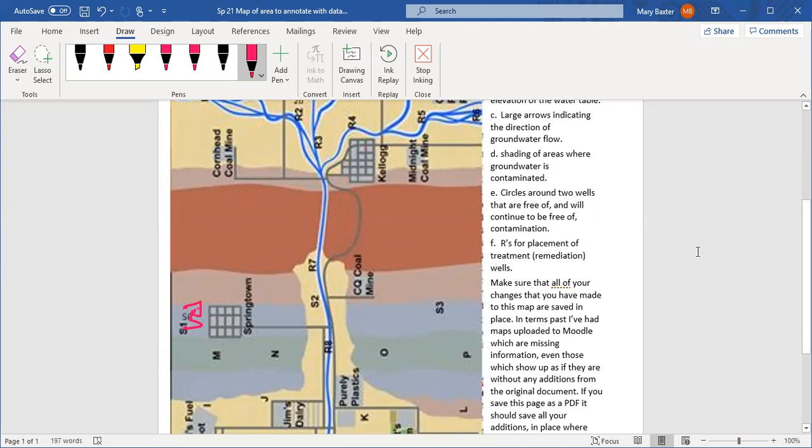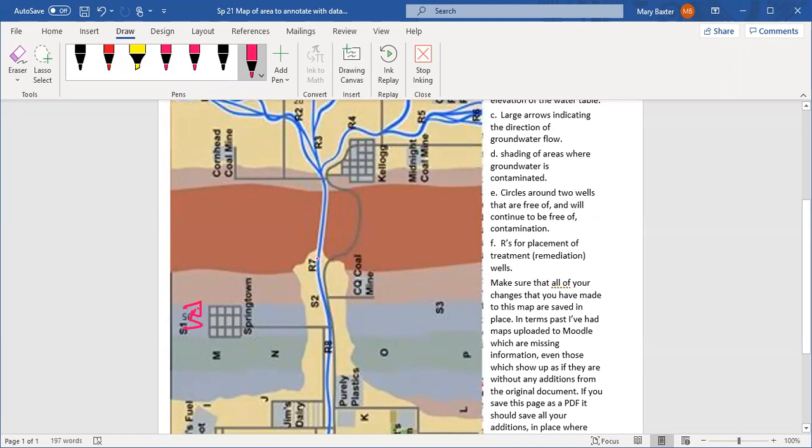Then you have the job of figuring out if the contaminant's there, where's it coming from? Okay. So again, on this map, I've asked you to circle around 2 wells that are free of and will continue to be free of contamination.